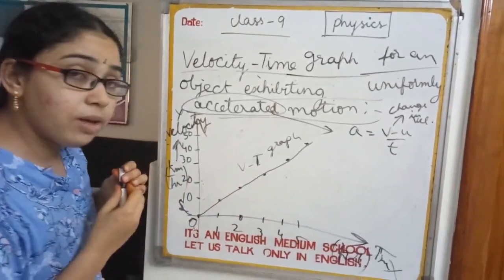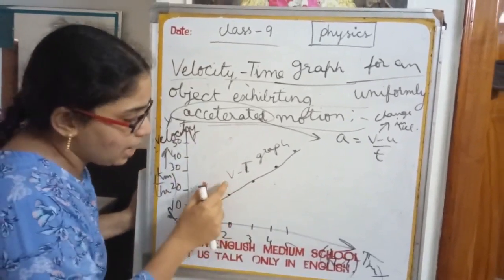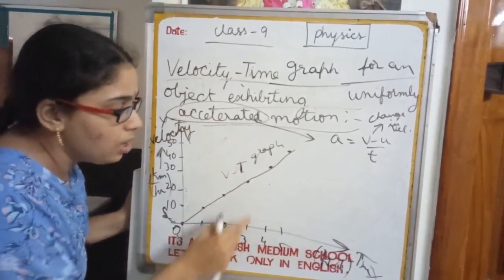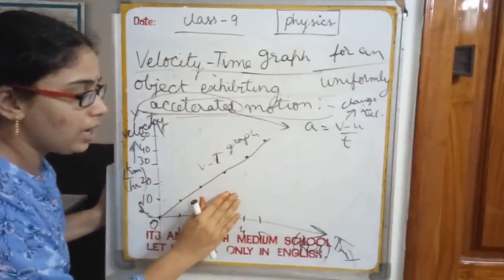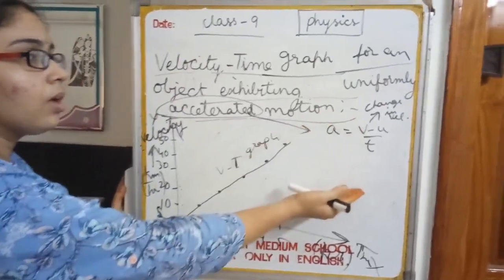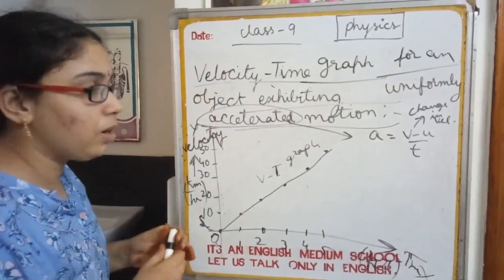So how can we get the magnitude of displacement? We have to consider the area enclosed between this velocity time graph and the time axis. Whatever area is enclosed in between these two gives the required displacement, that is nothing but the magnitude of displacement or distance.